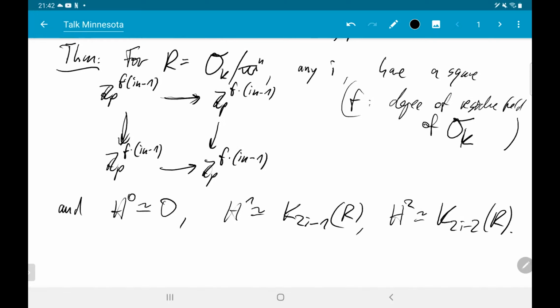And the key point here is that this is not just some abstract existence result. We really have a description for bases of all these guys here, and a description for how these matrices look. And as Ben told you last week, we can actually program that and get explicit tables for K groups through some range.